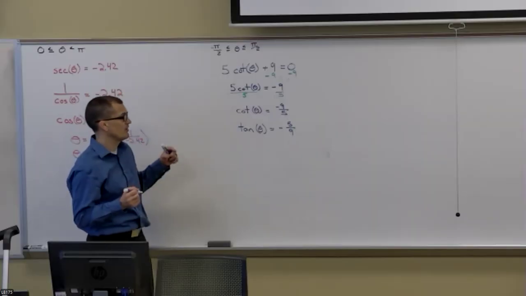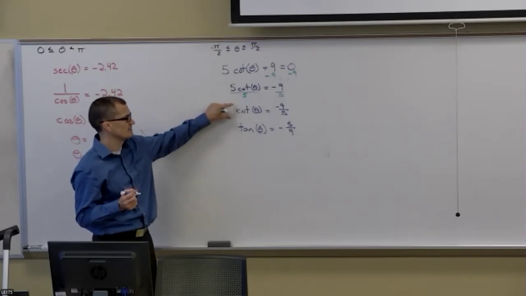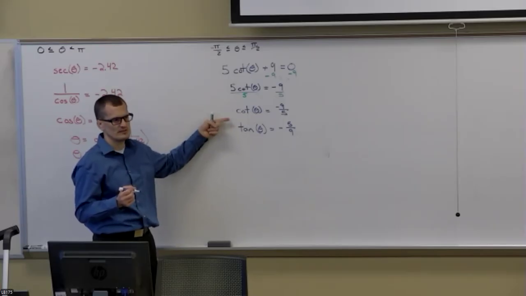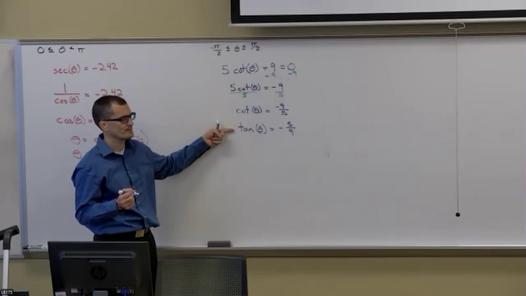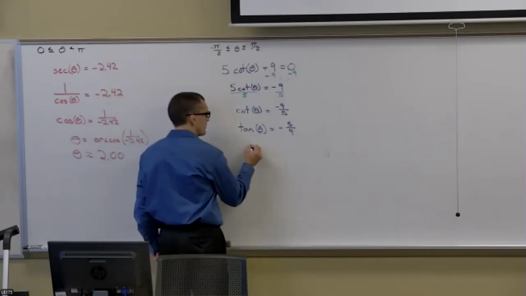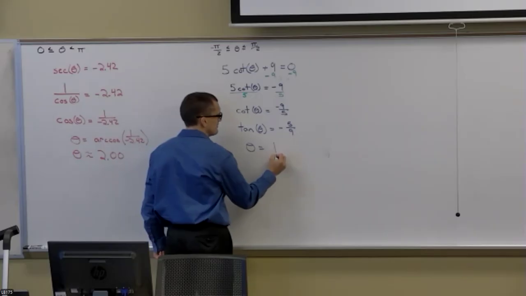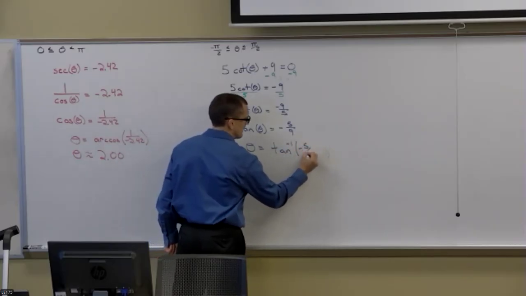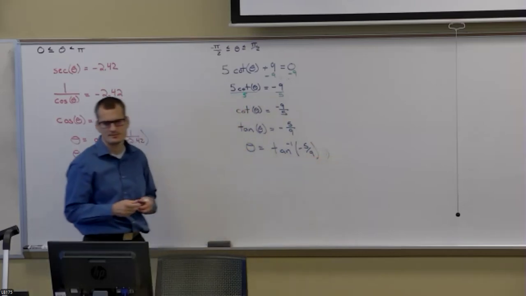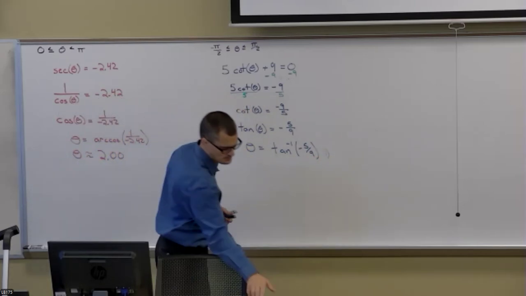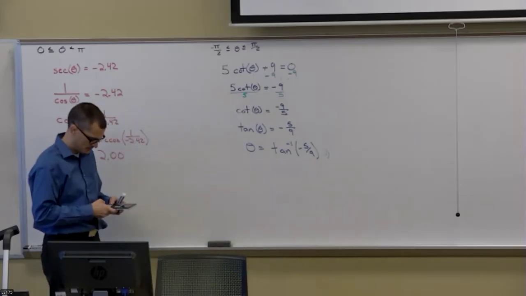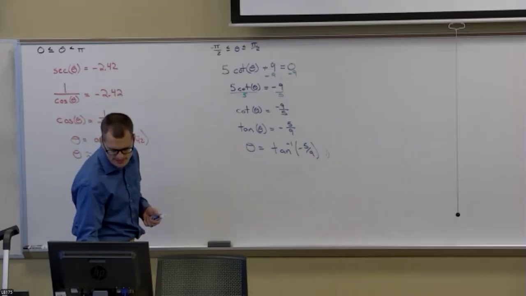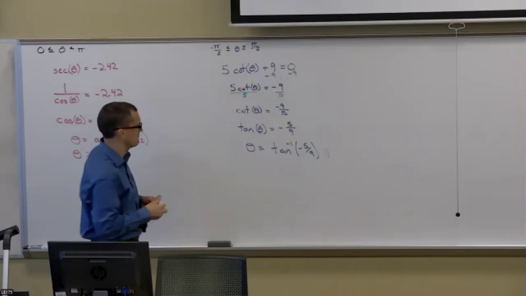You could have also written this as cosines and sines and done some more algebraic manipulation to get down to this, but you'll eventually get to this. And therefore, my angle is going to be the arctan or the inverse tan of negative 5 over 9. I end up with an angle of about negative 0.51.